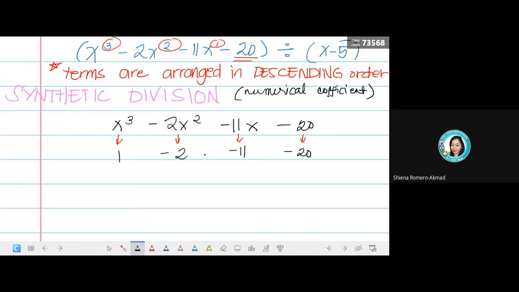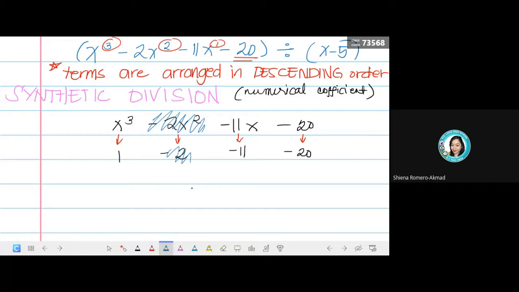Yung kanilang numerical coefficient. And let's say, wala tayong x squared. Kunwari lang walang x squared. Ano yung magiging numerical coefficient natin? That will represent yung word na wala or missing. Ano yung number na pwede natin i-represent for that missing term? 1 pa rin ba? Pag sinabi mong 1, ibig sabihin meron.